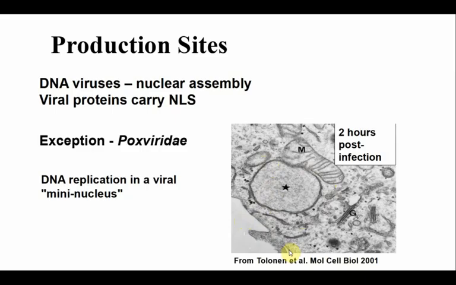This is an electron micrograph of cells infected with a poxvirus 2 hours post-infection. You see this new structure arising in the cell, and this is where the virus is replicating its DNA, keeping it separate from the cytosol. So you have these centers of DNA replication to prevent the cell from realizing it's been infected.